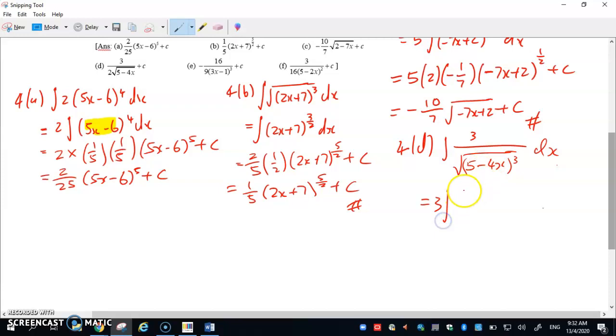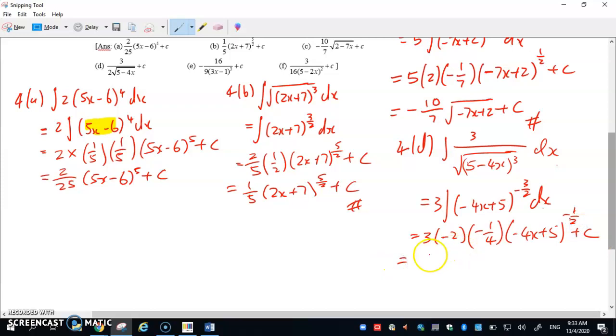Alright, so now for 4d, what we will get is simply 3 times (-4x + 5)^(-3/2) dx over here. Realize that when you integrate this, minus 1.5 plus 1, you get minus half. So what you get is times minus 2, and divide by minus 4, to get (-4x + 5)^(-1/2) plus c.